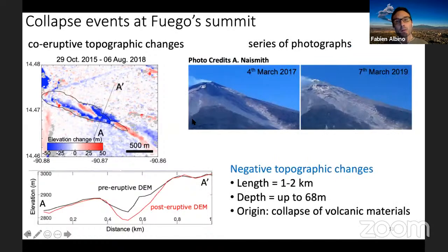So then you look at some pictures before and after the eruption, and it agrees with the photo that you see here, a collapse of volcanic material in the summit of the volcano. So we believe that what we see as a negative topographic change is actually a collapse of part of the summit here.